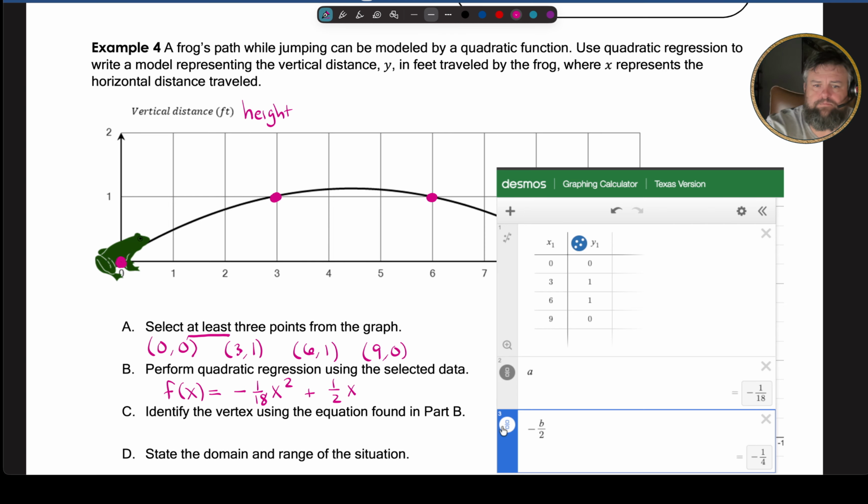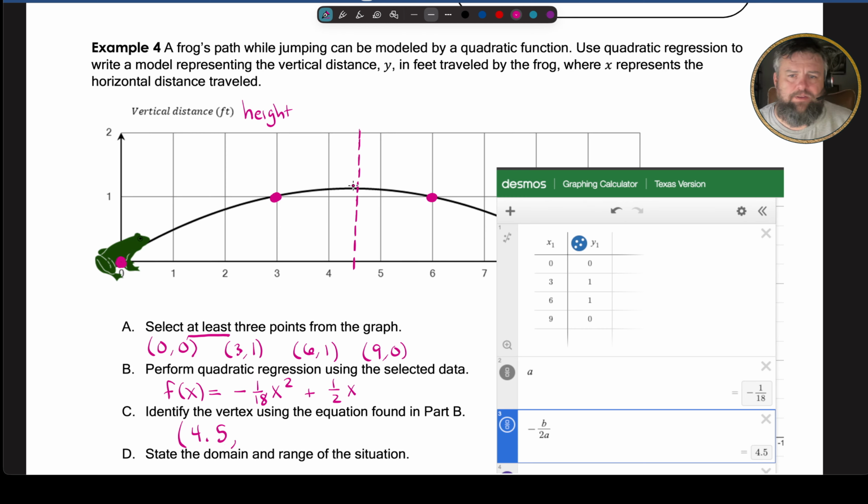There we go. Our x value is going to be 9 over 2, which is about 4.5. If you look on the actual graph, there's your 4.5, and we could actually draw a dotted line here that represents the axis of symmetry. So we know it's going to be at 4.5.